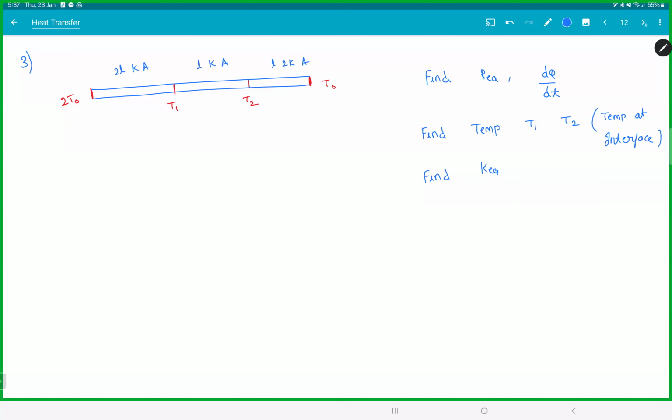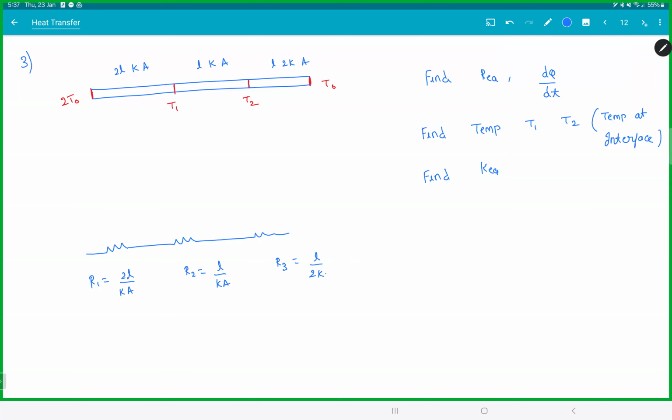R equivalent is easy. You can just replace this with 3 resistors. R1 will be 2L length by K into area. R2 is L by KA.